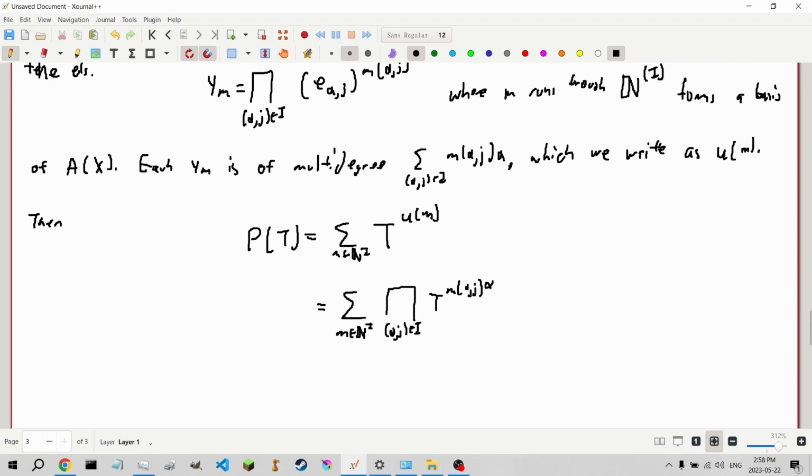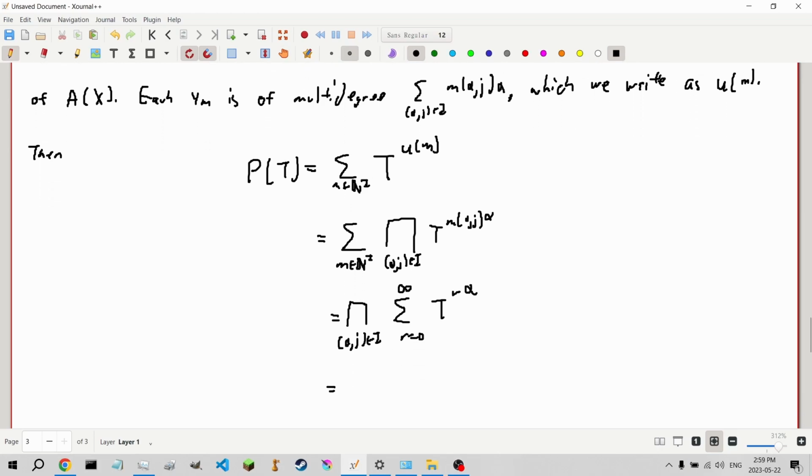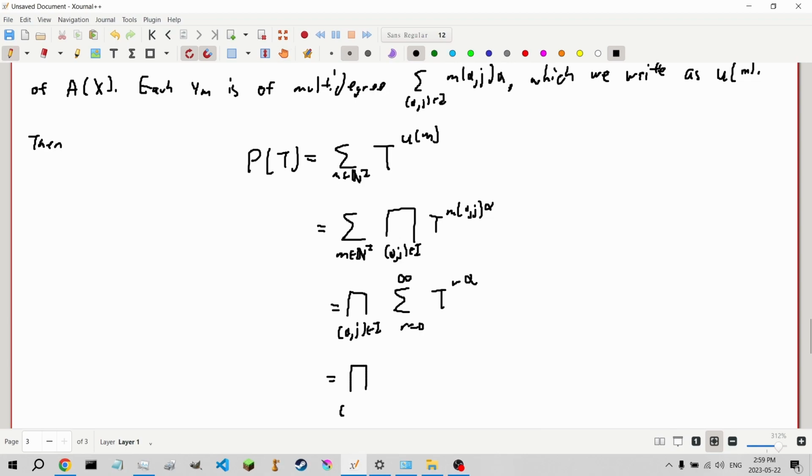We can swap these around to get the product of (α, j) in I times the sum of r equals 0 to infinity of t to the rα, which is the product across (α, j) in I of 1 minus t to the α, to the inverse.